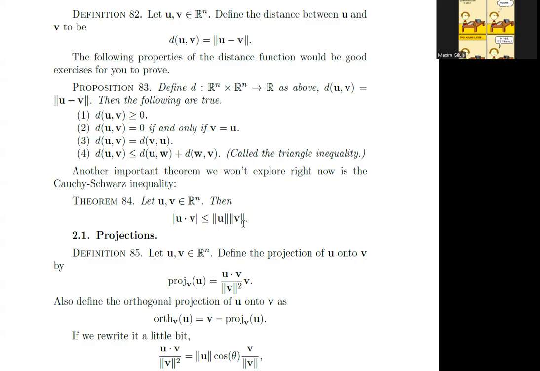And so it balances out the magnitude u, magnitude v, and it equals u dot v. But here, if we just take absolute value and use inequalities, then this is true. So we know how to prove this based on the dot product. But you could also prove this not knowing anything about angles. So there's other proofs for this that don't rely on any kind of angle or cosine.